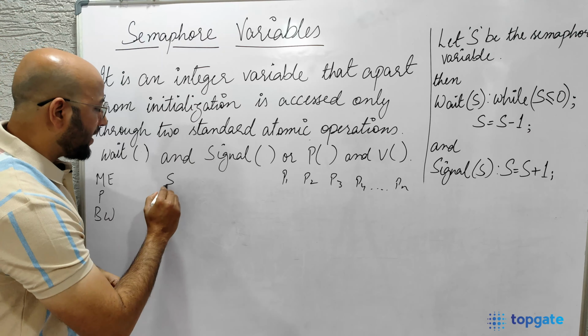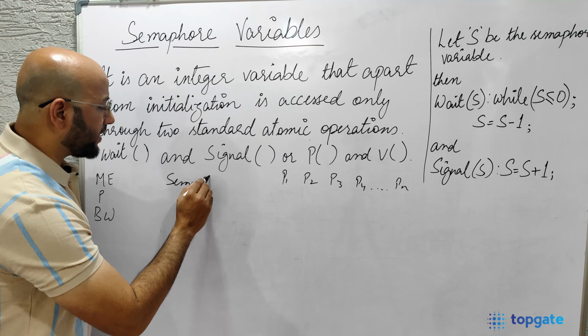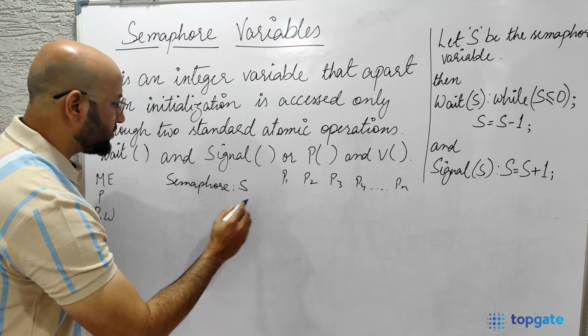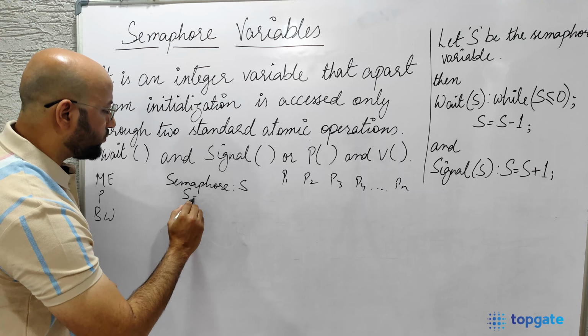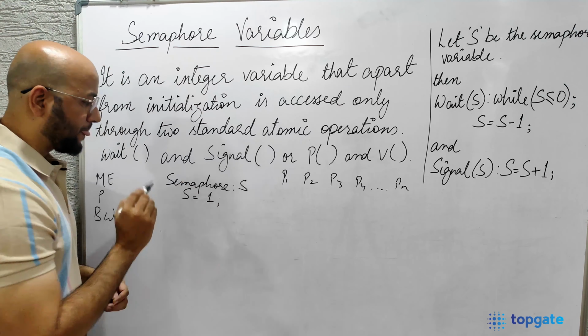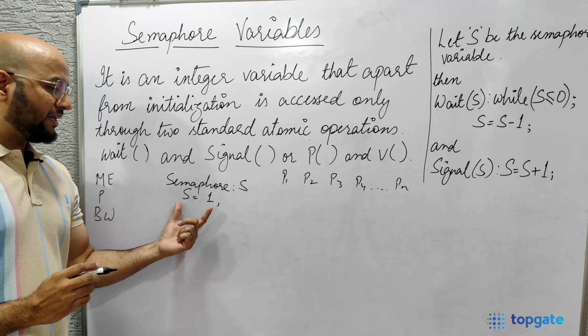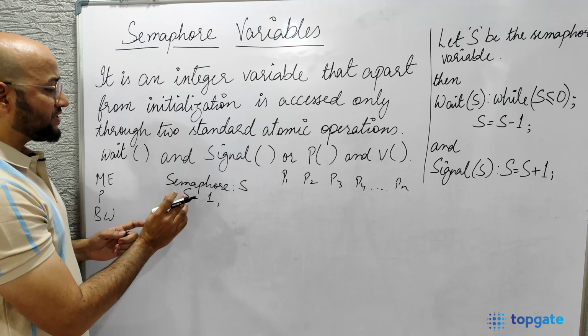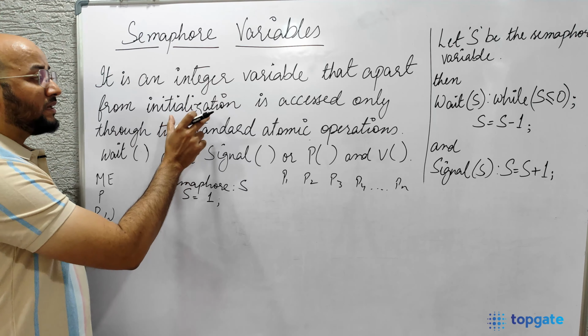So let's suppose we have a semaphore variable. We take a semaphore variable s, and we initialize this value as 1, because the definition says the semaphore variable can be initialized.